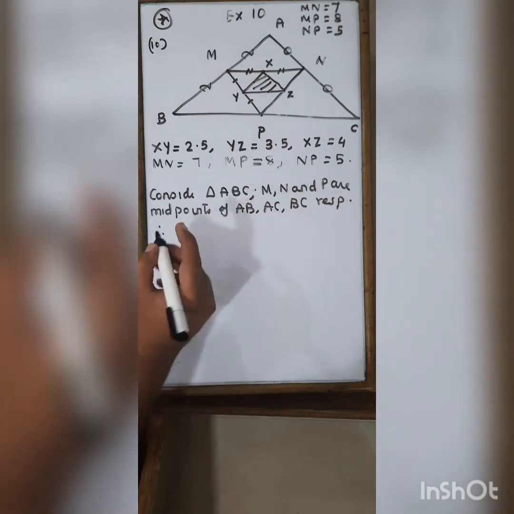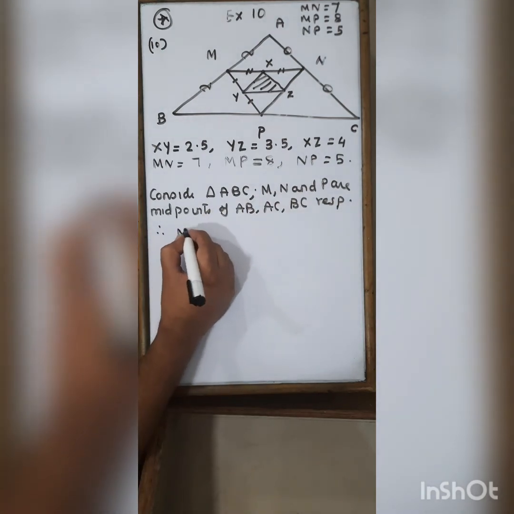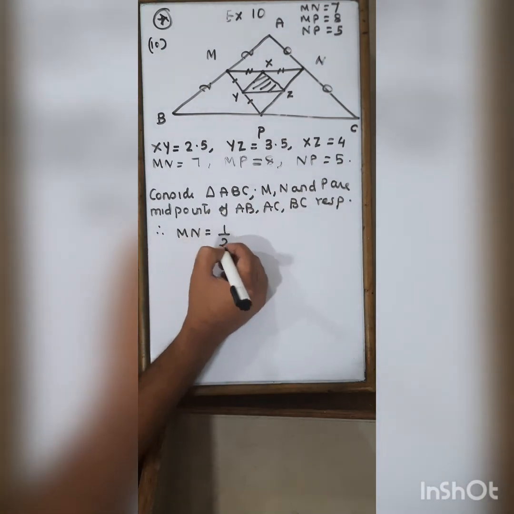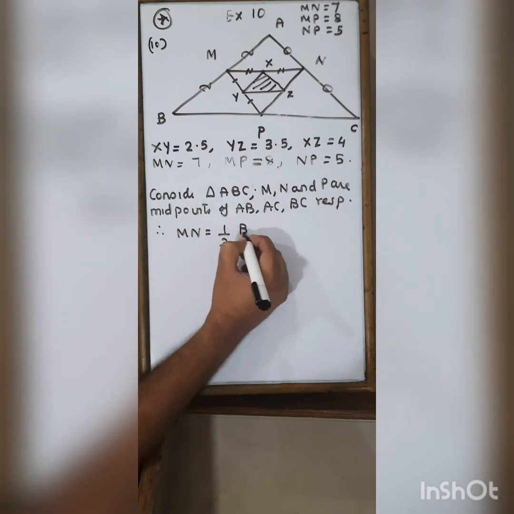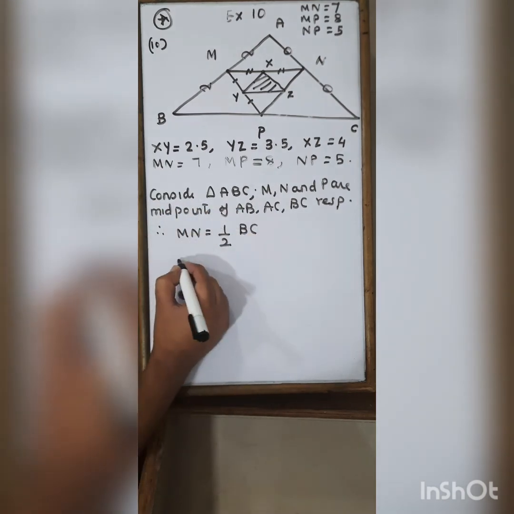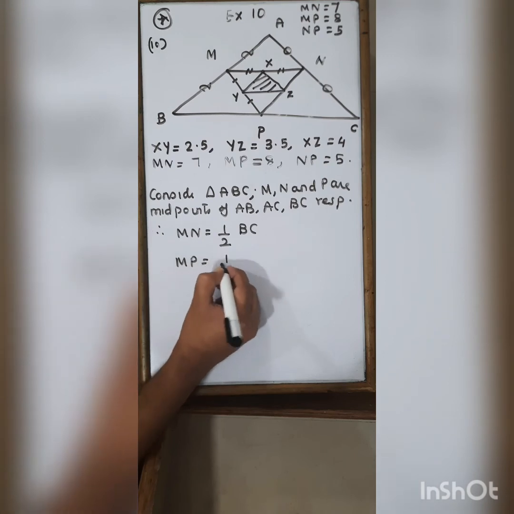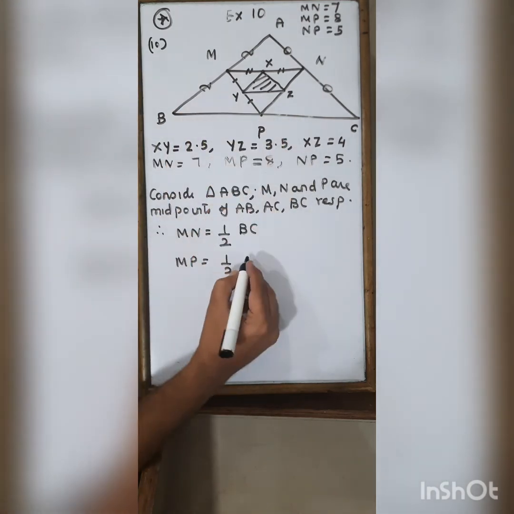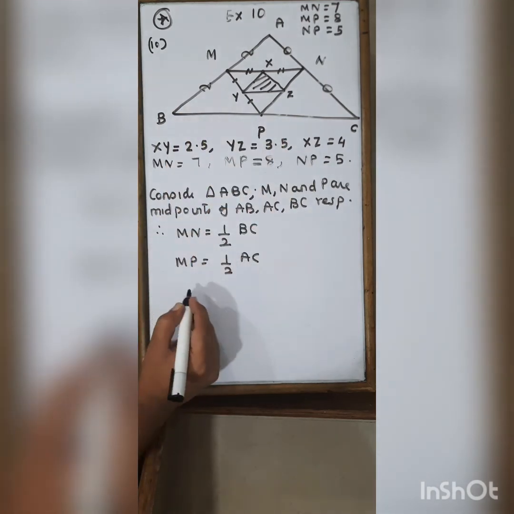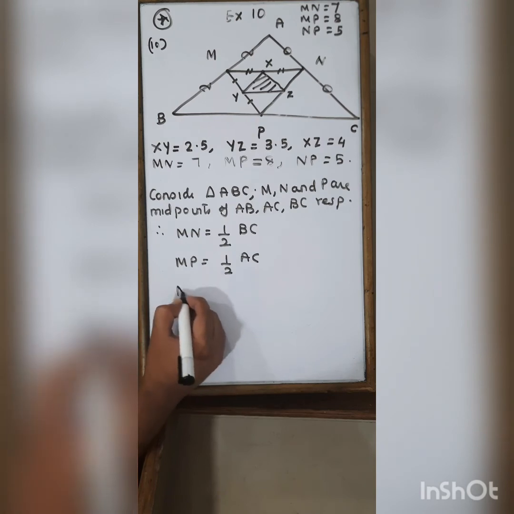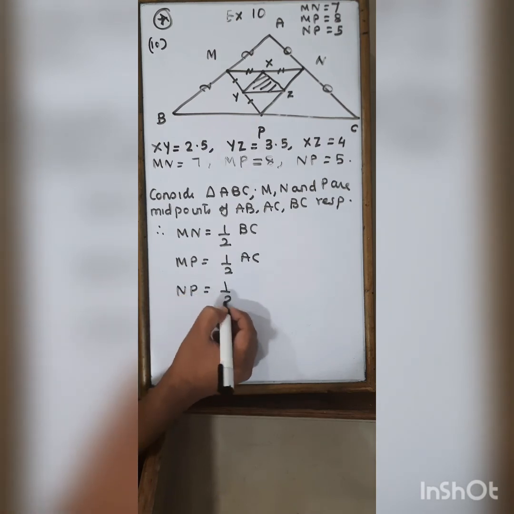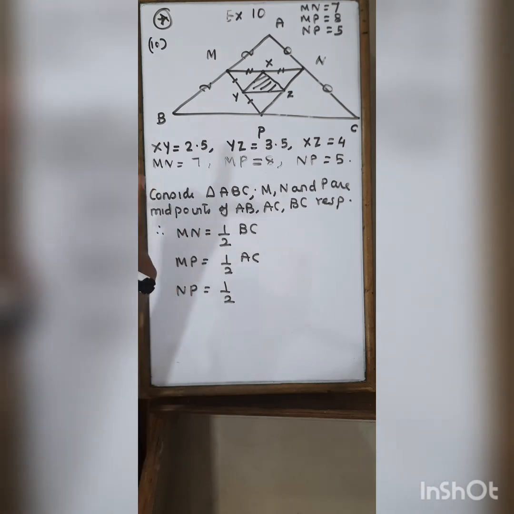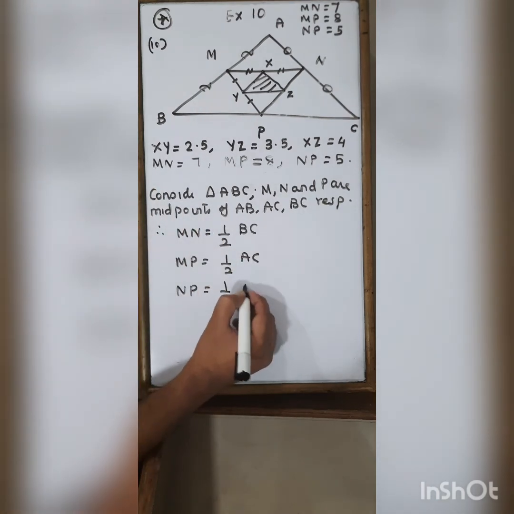So therefore, can I say MN is equal to half of BC? I have MP is equal to half of AC, and I have NP is equal to half of AB.